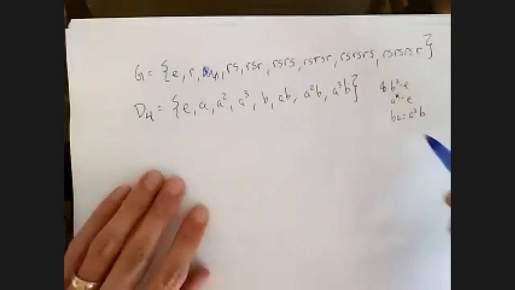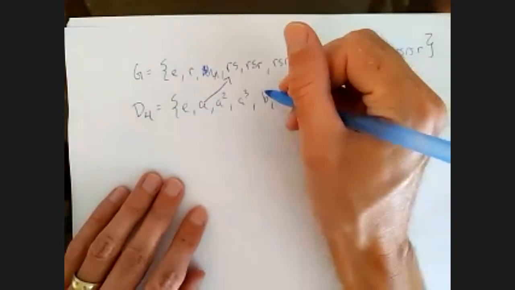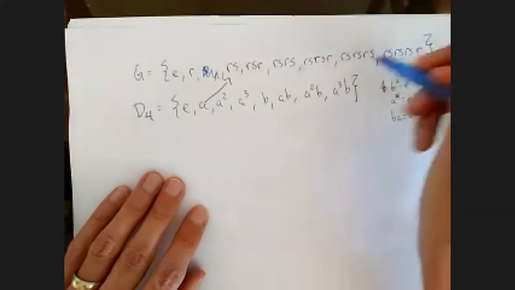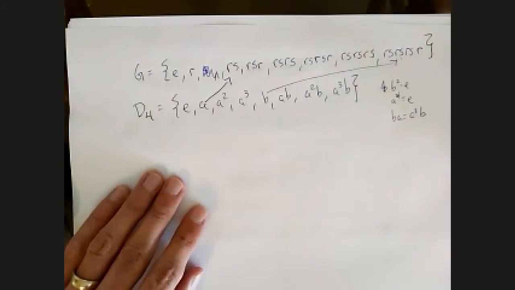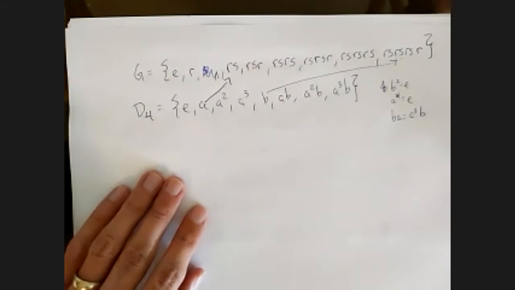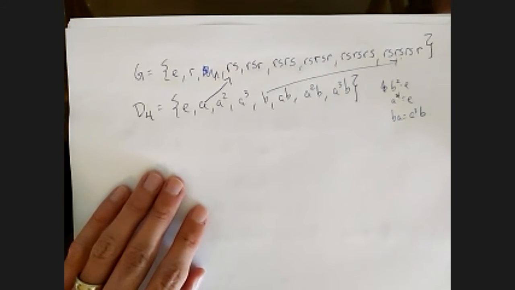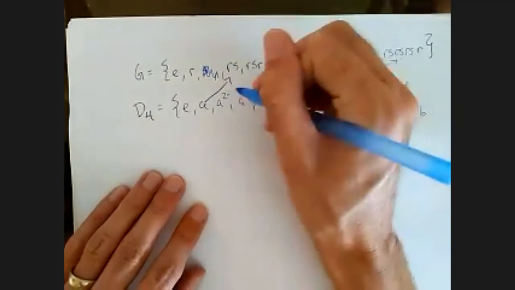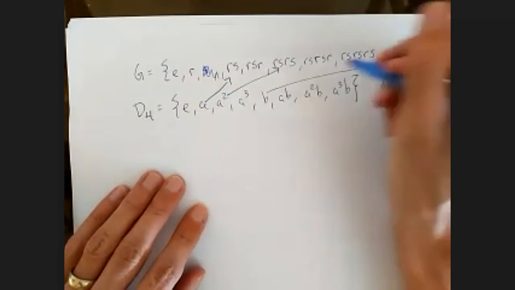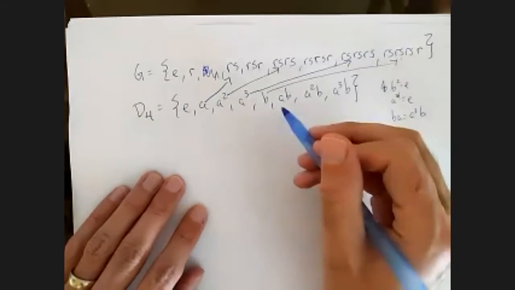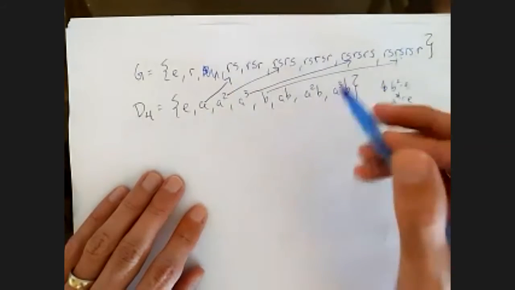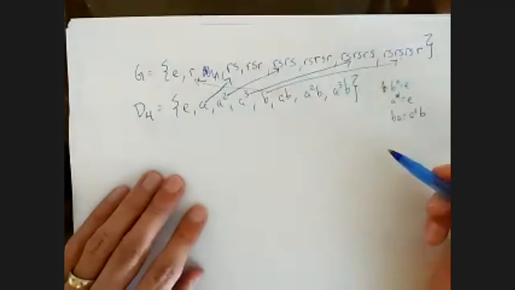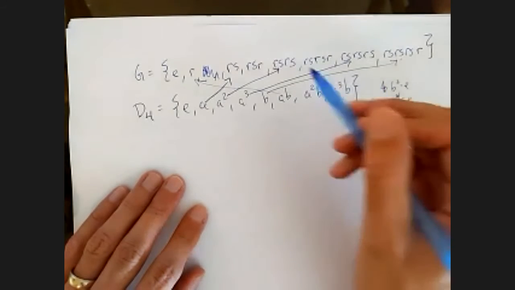So A gets sent to RS and B gets sent to S. Now A squared is this, A cubed is this, AB, well, I have to do RS times this, which is just R. AB goes to R. A squared B goes to RSR.